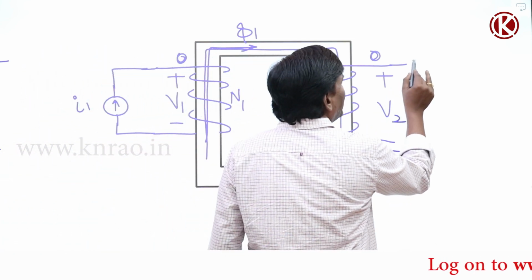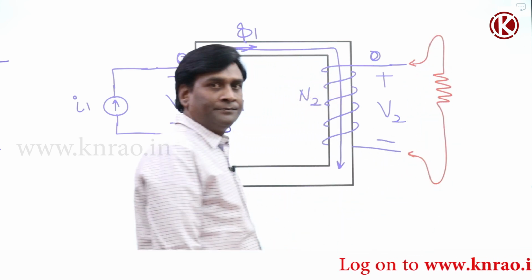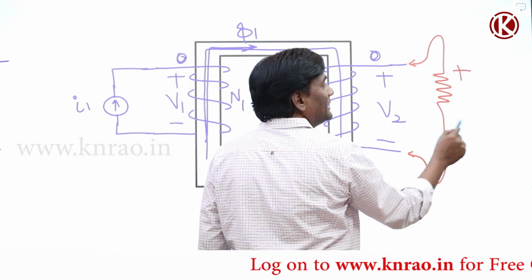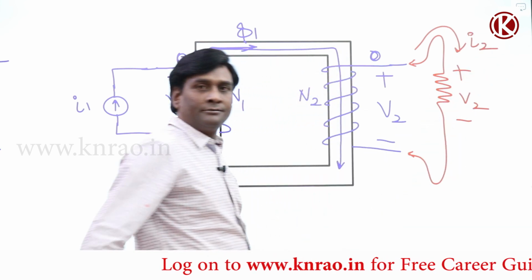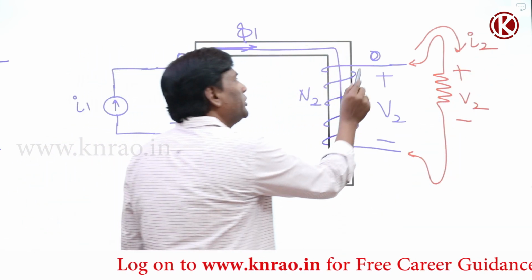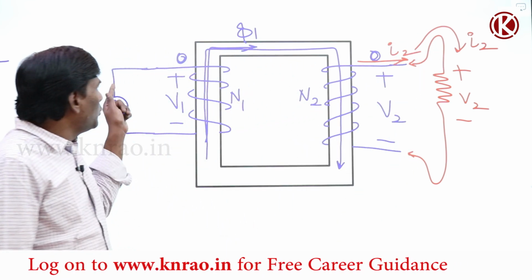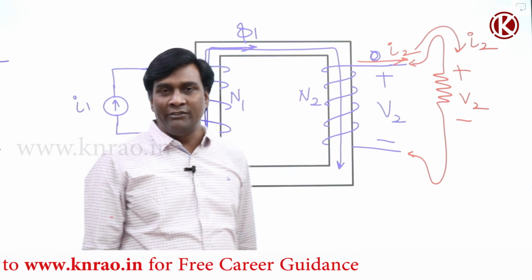Okay, now if I try to connect a resistance here, what will happen? The moment the positive is here of V2, current should enter here, I2 will go like this. So if I2 is going like this, basically one current is entering into the dot, another current is leaving from the dot.